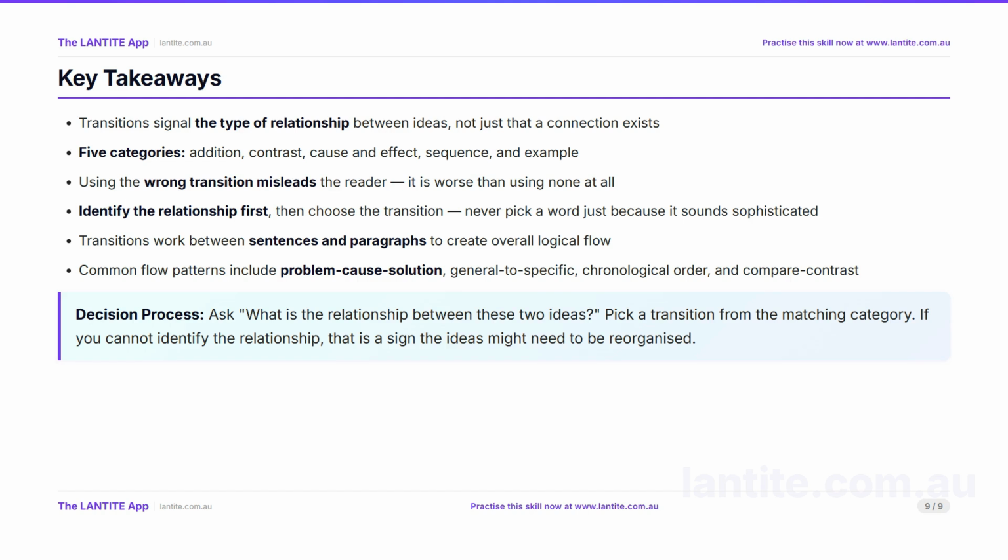Always identify the relationship between the ideas first, then choose a transition from the matching category. Never pick a word just because it sounds sophisticated. Transitions work at both the sentence level and the paragraph level to create overall logical flow. And if you cannot identify the relationship between two ideas, that is often a sign that the ideas need to be reorganized, not that you need a better transition word.